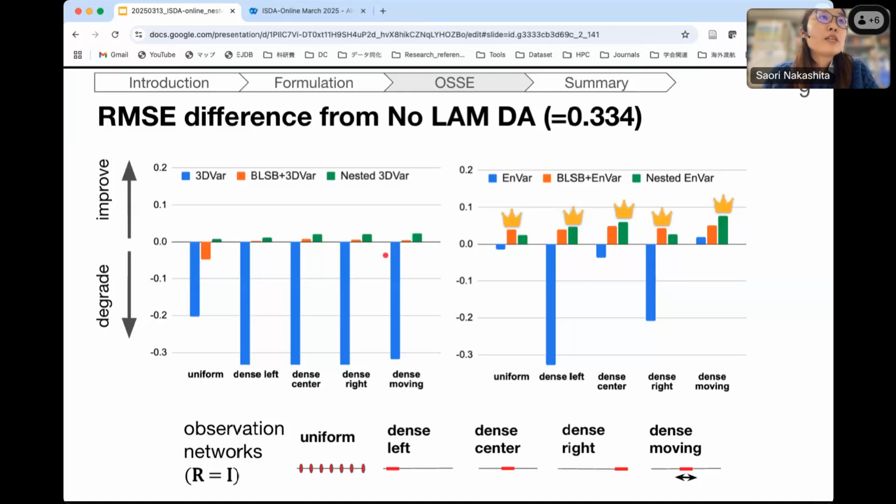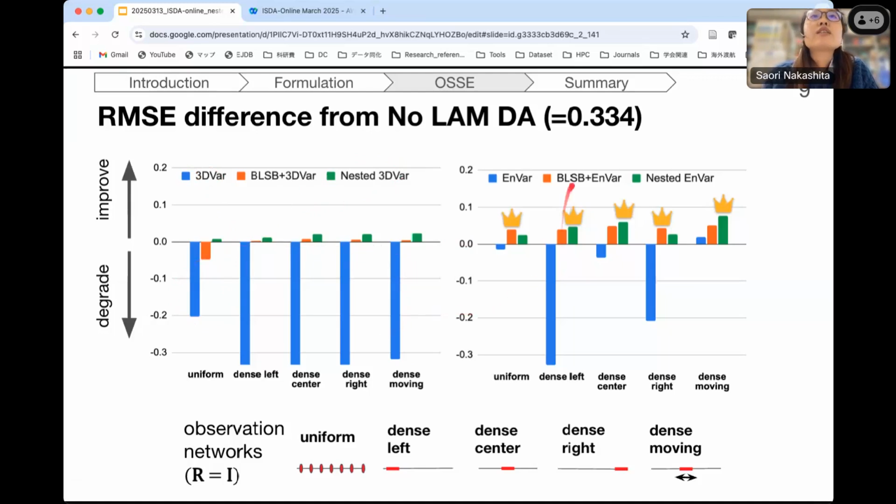In 3DVar experiments, the simultaneous assimilation of GM large scales using nested 3DVar outperforms BLSB plus 3DVar, since the LAM 3DVar severely degrades the large-scale analysis.